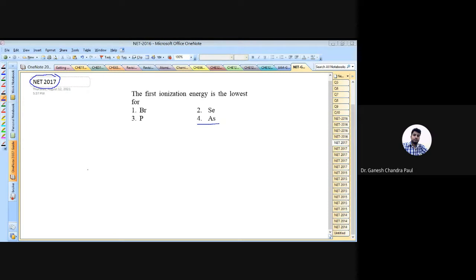Now, the atomic number of bromine is 35, and accordingly its valence electron configuration is 4s2 4p5, right?